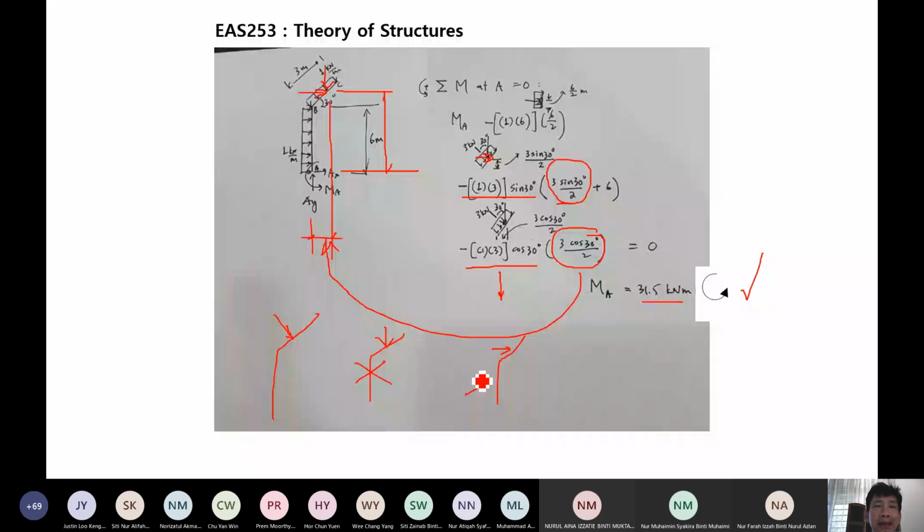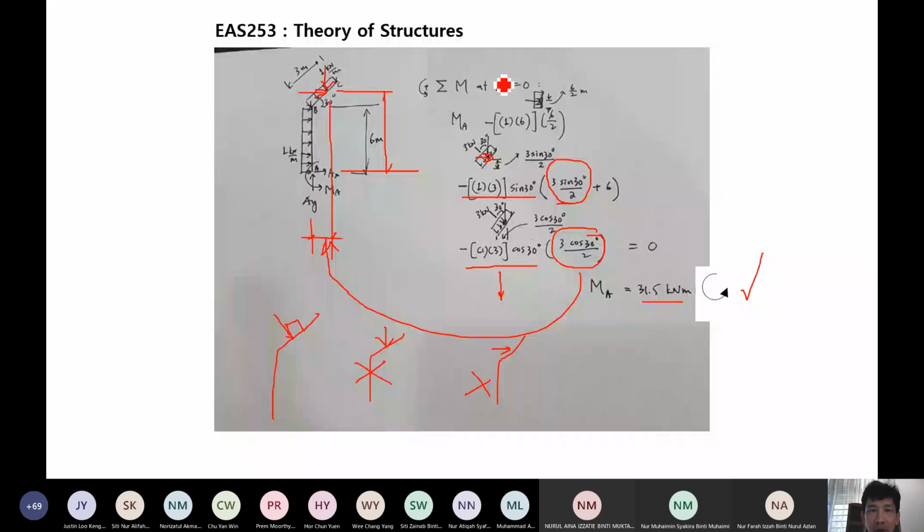So when this kind of thing happens, we need to go through this process, get the component in X direction, get the component in Y direction, when you want to consider equilibrium of forces. And when you want to consider equilibrium of moment, you have to get the moment caused by the horizontal component and moment caused by the vertical component.